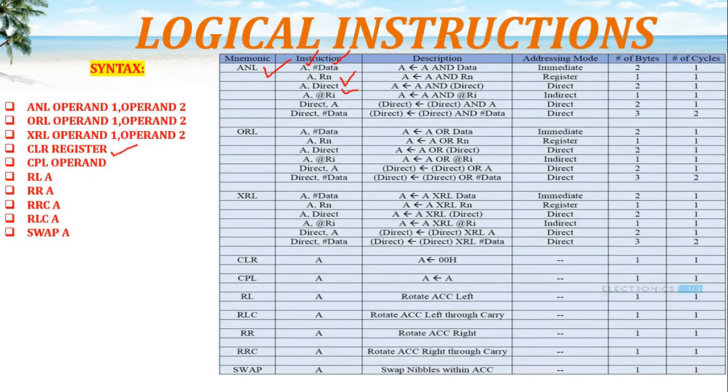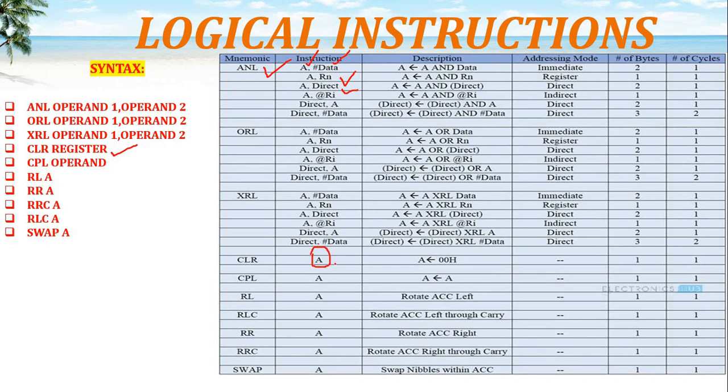So CLR is the clear register. Clear is used if I'm performing an AND operation and next I need to perform an XOR operation. Before that, if I want to clear my accumulator, at that time I can use this clear register. Whichever register I need to clear, I can use here.